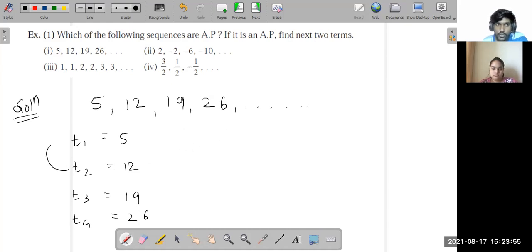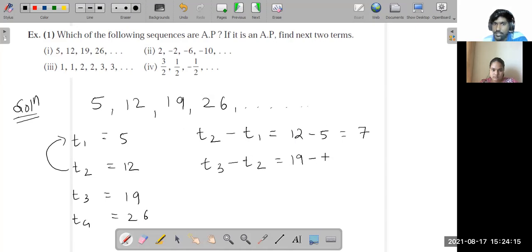So first you do T2 minus T1. That is 12 minus 5, which is 7. Then you do T3 minus T2. T3 is 19 minus T2 is 12, which is again 7.